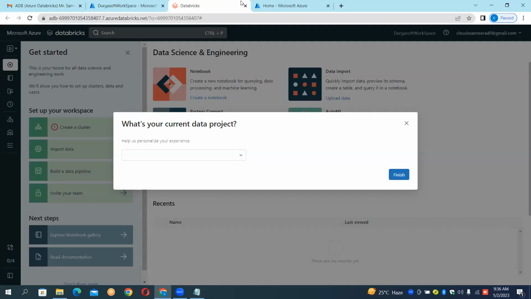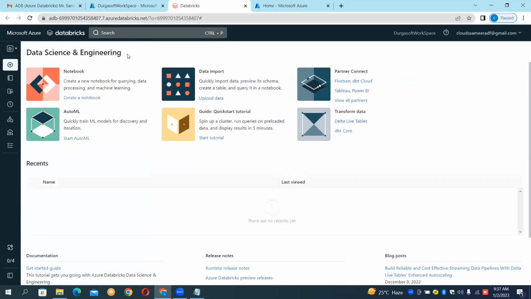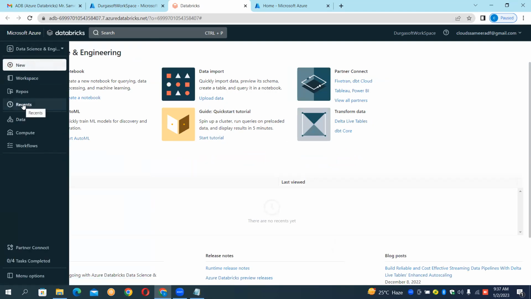So guys, finished. That's it, guys. Now let us try to create the. What is the next process you have? Tell me now, guys. What is the general thing we do after this is done? We start creating the cluster. Am I right? Yes, sir. So go, click on Compute and now create the cluster.